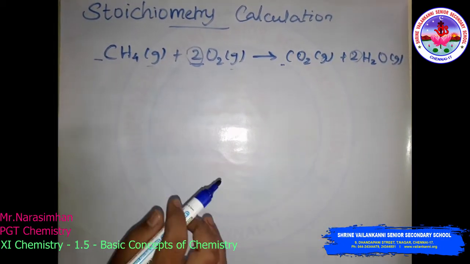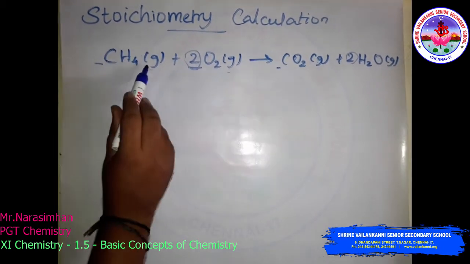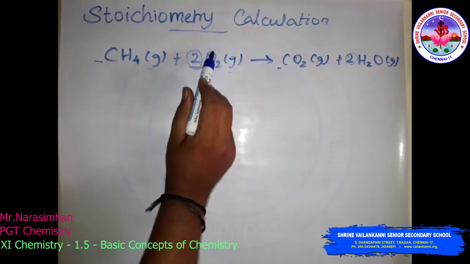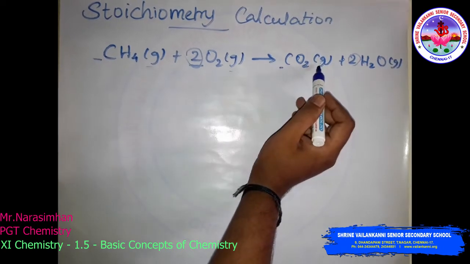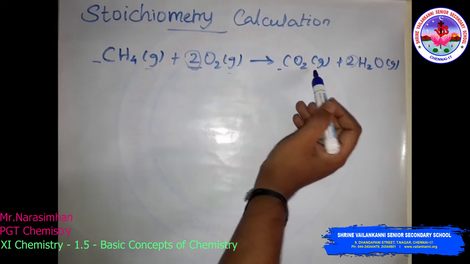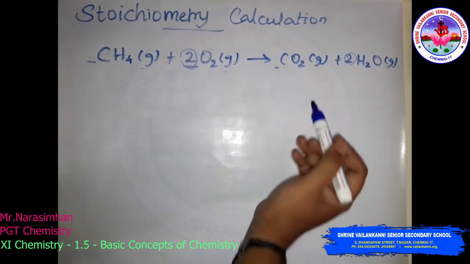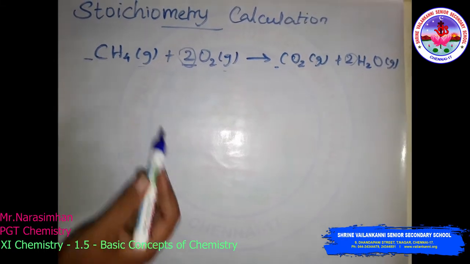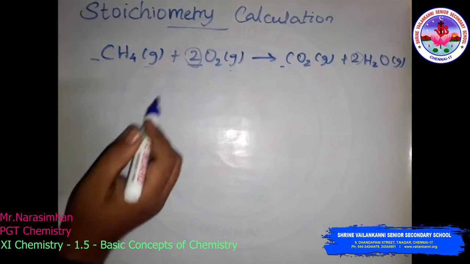And the other way, 1 molecule of methane gas reacts with 2 molecules of oxygen gas to give 1 molecule of carbon dioxide gas and 2 molecules of water, the product. Water gas is the product. Or we can say by mass. Sometimes we can say by volume. There are 2 possibilities there.